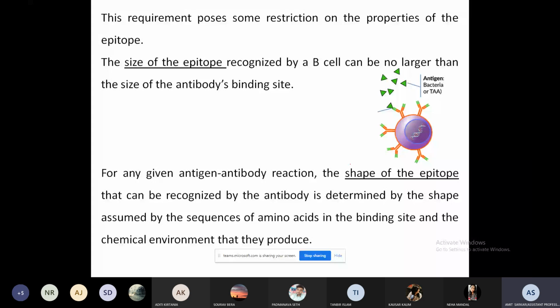One, the size of the epitope that is recognized by the lymphocytes cannot be larger than the size of the antibody. Number two, how the antibody gets a complementary shape according to the epitope shape is determined by the sequence of amino acids present in the binding site of the antibody as well as the chemical environment that they produce. Okay, so that is the remaining part I had about the epitope.